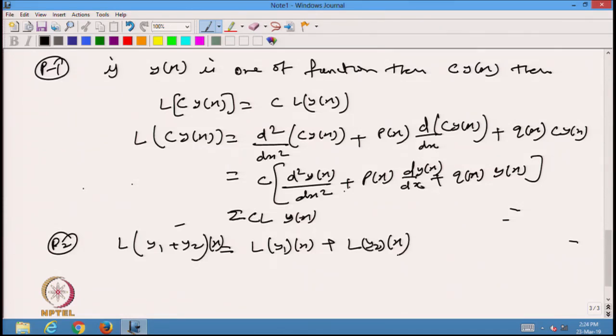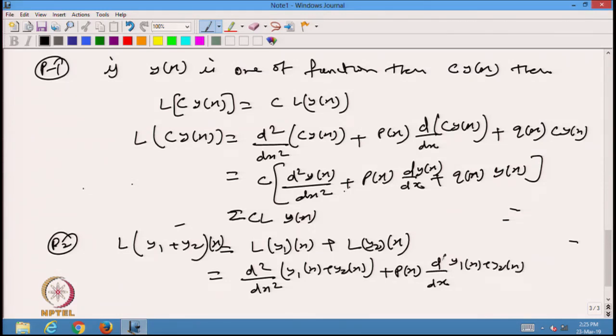This one I can also prove very easily. We have the operator d square over dx square, so this is applied on y1(x) plus y2(x), plus p(x) d by dx of y1(x) plus y2(x), plus q(x) times y1(x) plus y2(x). So, this one we are writing.